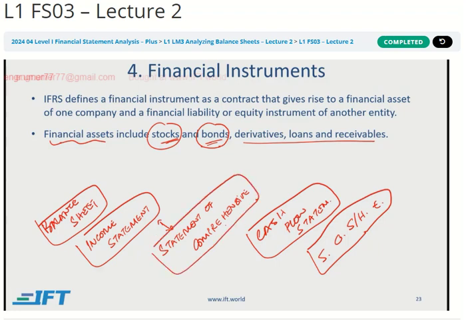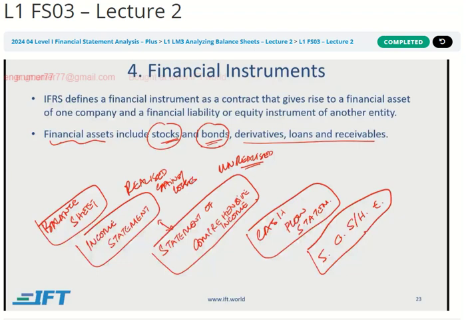Now, what is the statement of comprehensive income? There are certain gains and losses which are unrealized. If those gains and losses are unrealized, they are not shown on your income statement, because the income statement is usually for realized gains and losses, right?